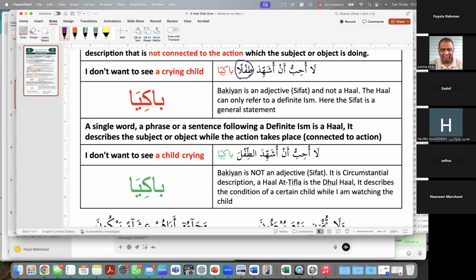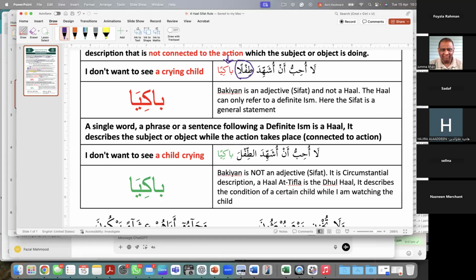So I have got a nakira ism, and after that a jumla or shibu jumla, or any word even, in most cases. One word or multiple words, broadly we can say any word, but not every situation it will happen, as I said before. But in this case, bakiyan is a sifat, because it is nakira.